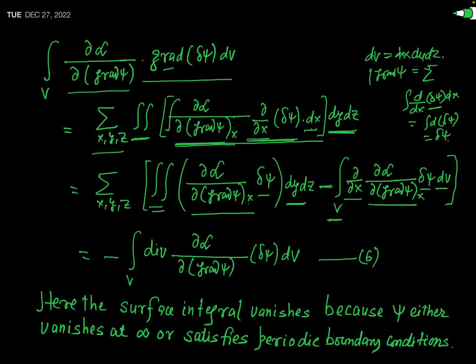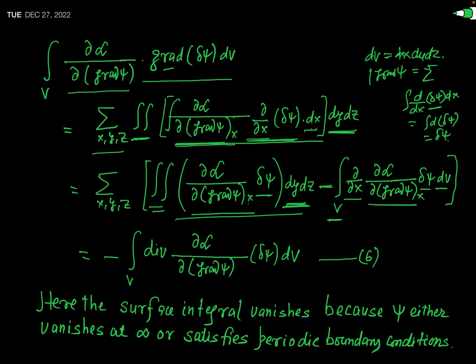Now as you can see, the first term inside this square bracket is actually a surface integral, because it is going to be evaluated with respect to y and z, and this dy dz is just a surface element. So this double integral is just a surface integral.